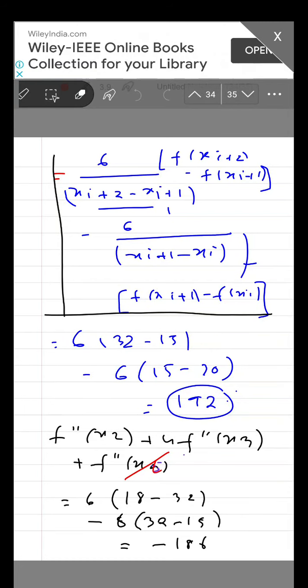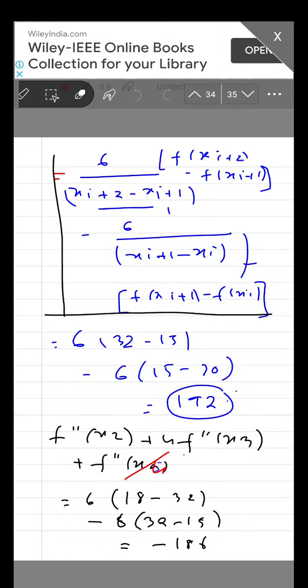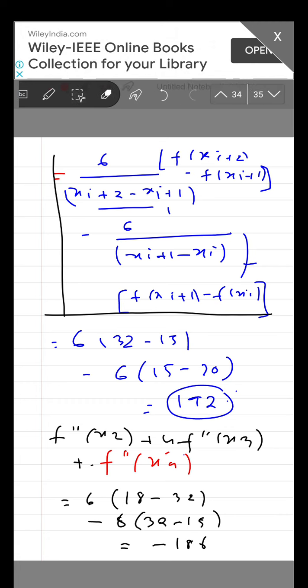So no, this is if x4 is not considered. This we have not considered, and there is nothing to cancel here, because x2, x3, and x4, three of them are non-zero values.